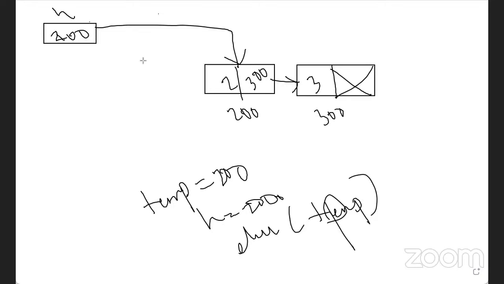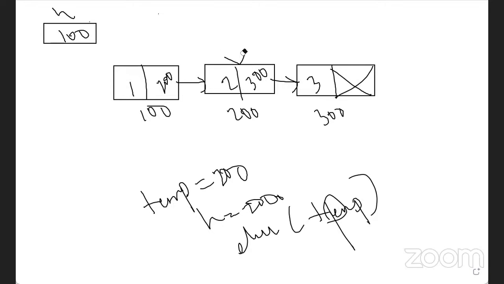So let's say you wanted to delete a node in between. Let's say this is 1, this is 100, this is 200, and this is linked. A linked list is like this. You want to delete, so this is the 0th node, first node, second node.